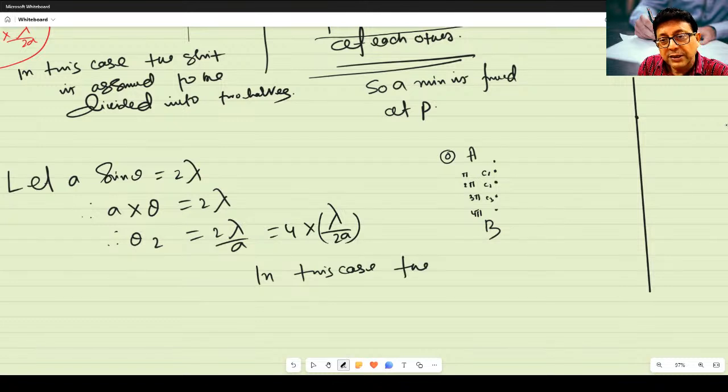So in this case, AB is the slit. I have taken it a bit bigger. And P is the point of interference.